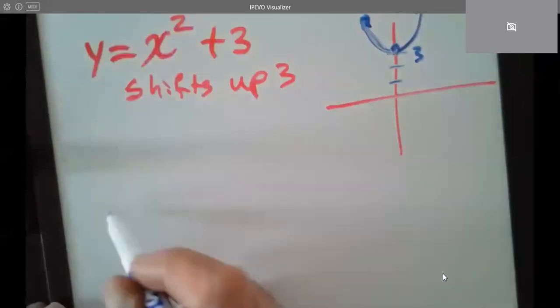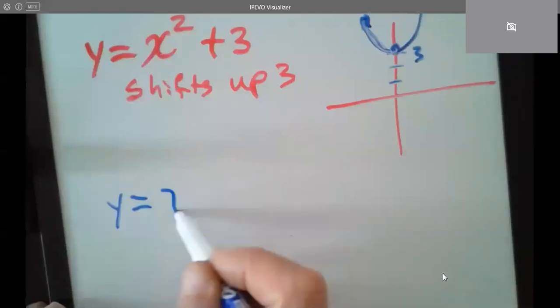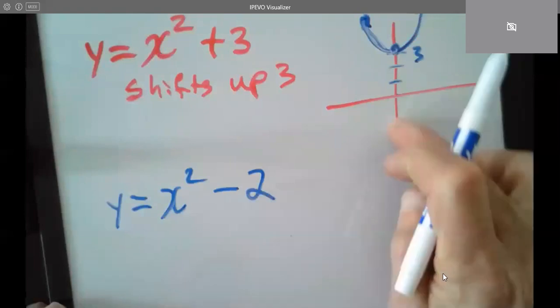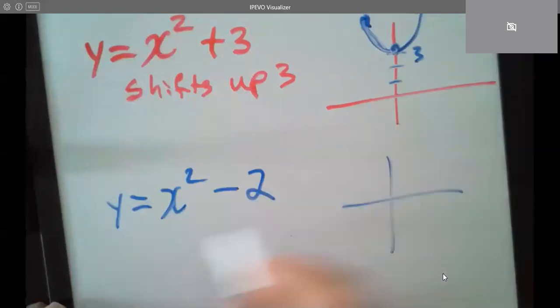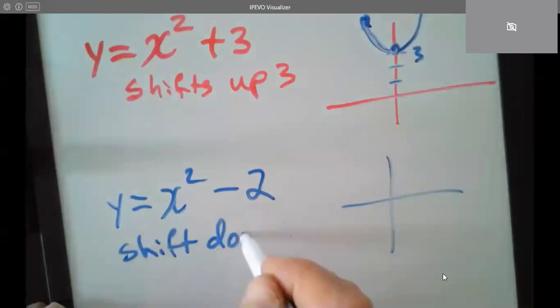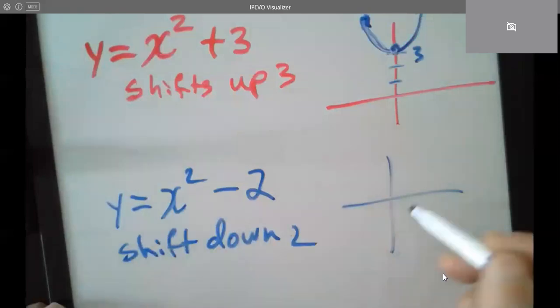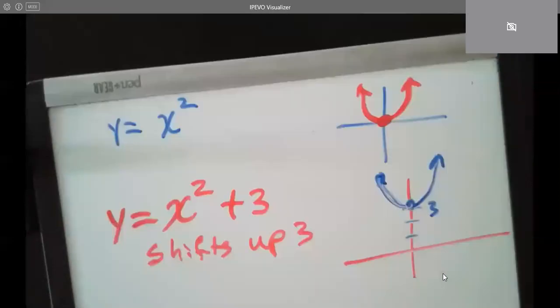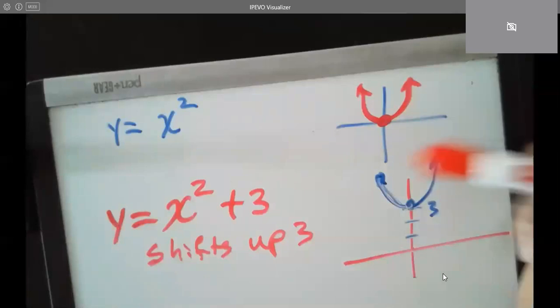So if we had y equals x squared minus a number like 2, now that's going to shift down 2 spaces. So now we start with the parent graph with a vertex at 0, and it shifts down 2.